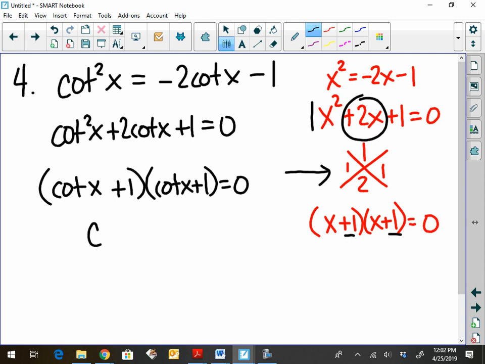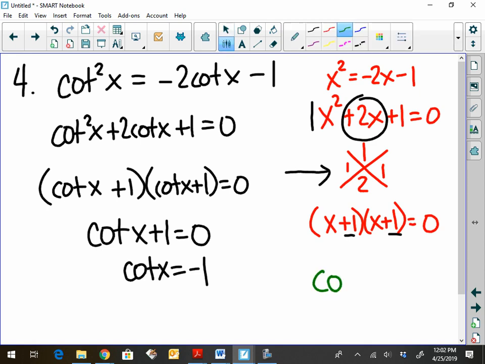So then I can set this equal to 0. And since they're the same, I really just have to do it one time. So I'm looking for when is cotangent of x equal to -1. So cotangent, remember, is equal to cosine over sine, or x over y.